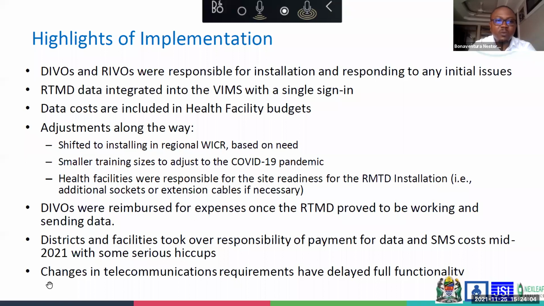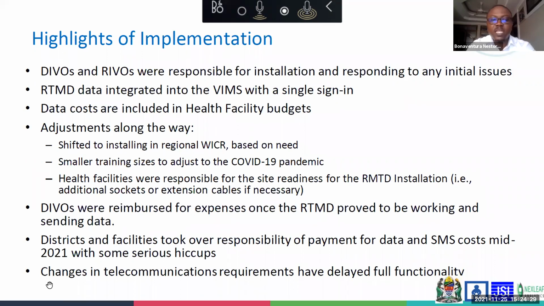During the implementation, we had data costs which were covered by the facilities, and because of changes in the budget system, these facilities are now responsible for allocating funds used to send data to the dashboards.